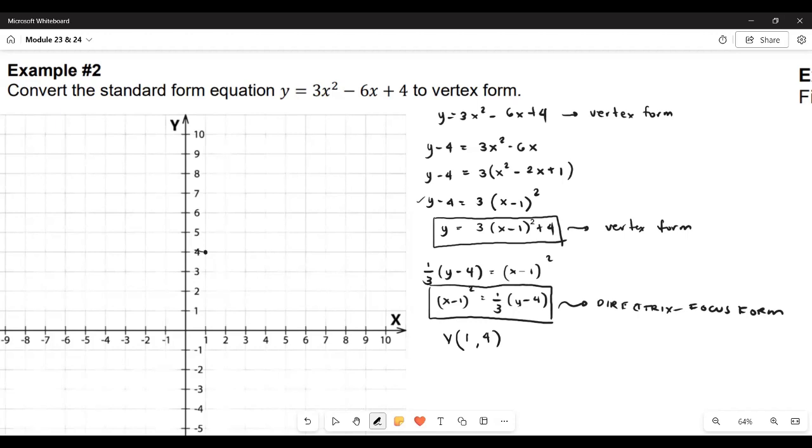Okay? Ito ay for illustration purposes only, so hindi siya scale. Okay. So ito ang ating parabola, ito yung 3x squared minus 6x plus 4. Okay? So we have here the vertex na (1, 4). Okay? So alam natin na yung 4a dito sa ating equation na to is equal to 1/3.